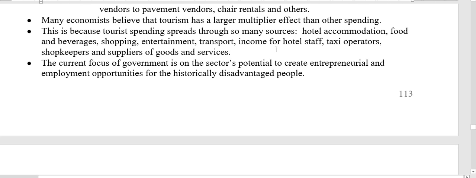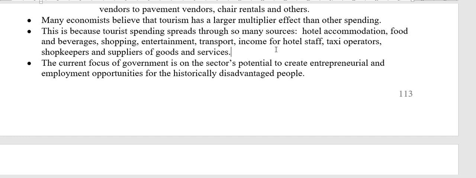It's not just one thing that people are spending money on, right? They spend on accommodation, they spend on food and beverages, they shop at our retailers, they buy curios, they buy gifts, they pay for entertainment, they pay for transport. It provides income for the hotel staff, anybody that's directly or indirectly involved in the tourist industry, the suppliers of goods and services. It just affects so many different industries that jobs can be created in many different industries.